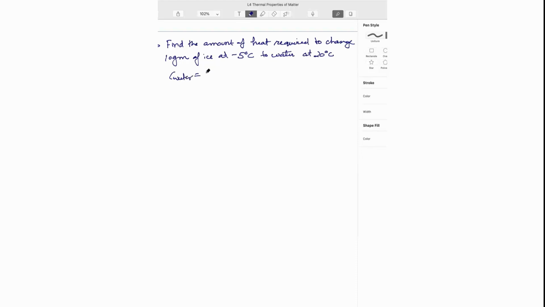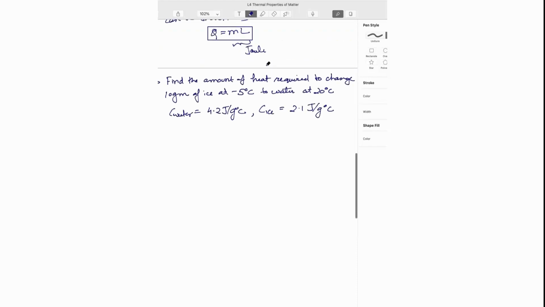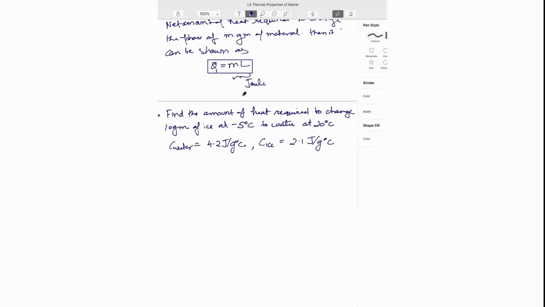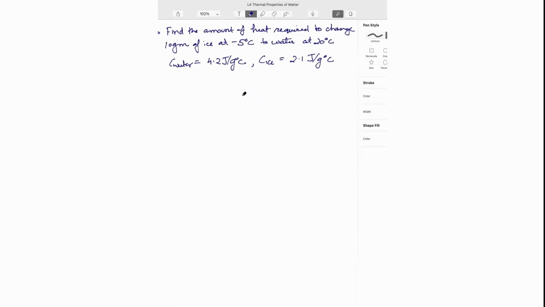The specific heat of water is 4.2 joule per gram degree centigrade. The specific heat of ice is 2.1 joule per gram degree centigrade. For lambda, there is no degree centigrade, because the phase change happens at a particular constant temperature. The lambda for ice to water is 336 joule per gram.